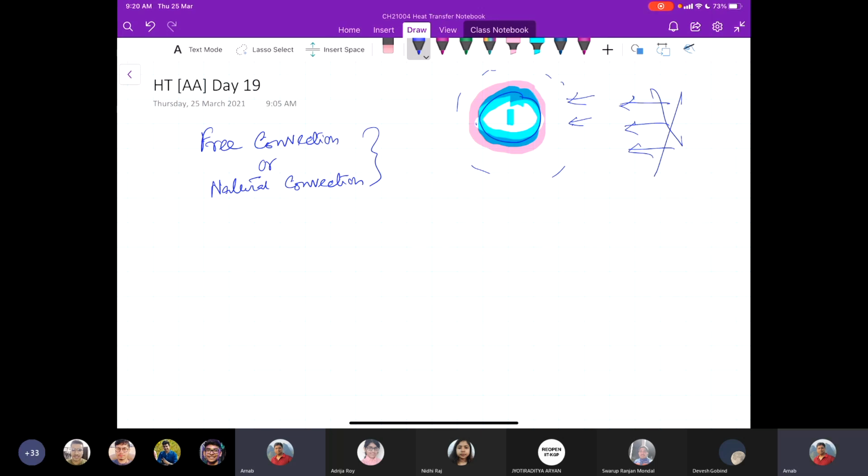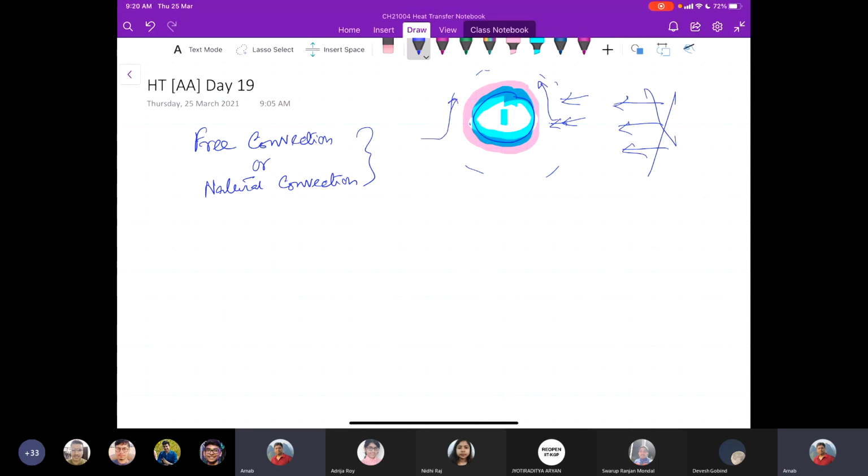So say the nearby fluid that comes within the enclosure will be heated and go in this upward direction. The air that comes in contact with these surfaces will try to go upward, and eventually there will be a fluid, or say air, motion which is like this, going upward.